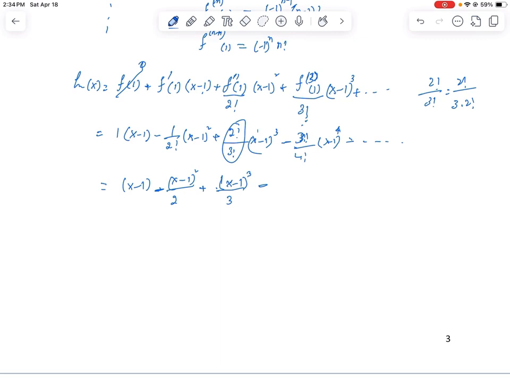Same thing, 3 factorial over 4 factorial gives me 4 at the bottom, and I have x minus 1 to the 4th over 4. Next will be, now you see the pattern, x minus 1 to the 5th over 5 minus x minus 1 to the 6th over 6, and so on.